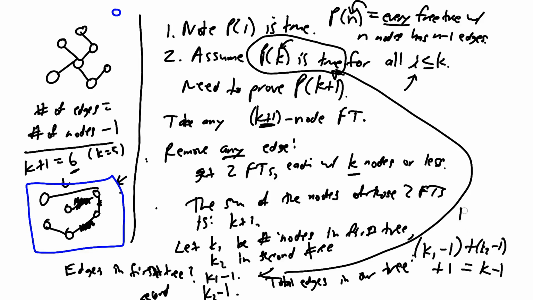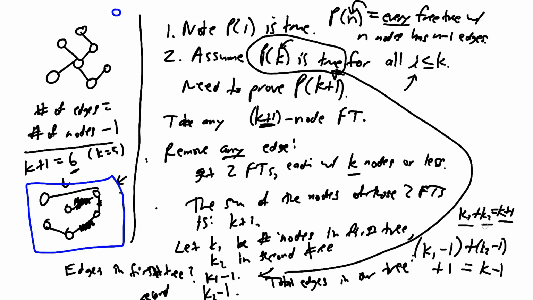Because k1 plus k2 has got to equal k plus 1, because the sum of the nodes in those two things has to equal k plus 1. We started with a tree with k plus 1 nodes, right? So if I take the number of nodes in the first tree and add the number of nodes in the second tree, I'm going to get the number of nodes in the total tree, right?